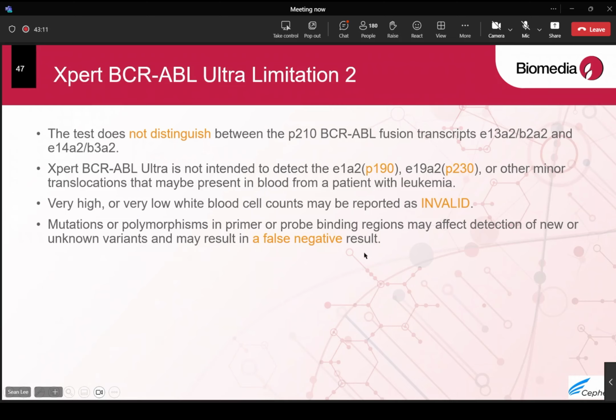If there is a mutation in the target, the PCR primers cannot bind to it, so you get a negative result. Just like the COVID test: if the virus has mutated, it cannot bind to the PCR binding probes, then you get a negative result.